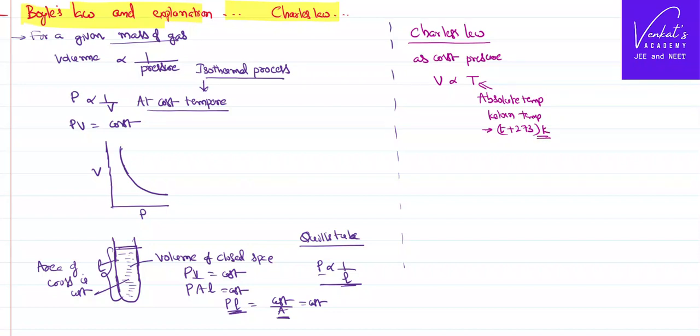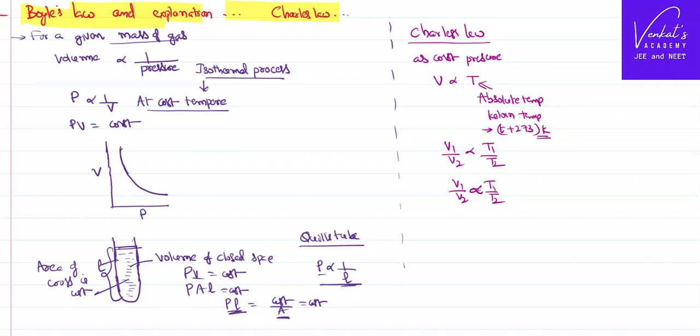So Charles' law tells you that at constant pressure, volume of a gas is directly proportional to absolute temperature. So you have different volumes at different temperatures, and you can say V1 by V2 is T1 by T2. Proportionality can be eliminated with a constant.